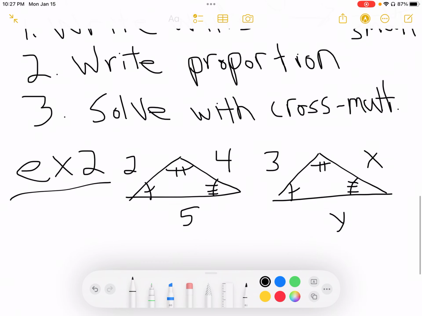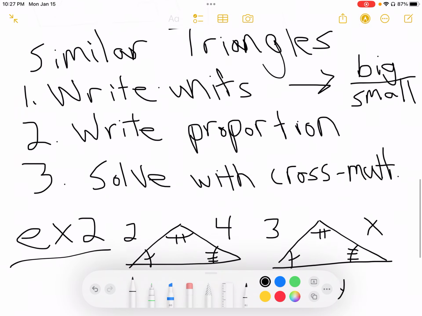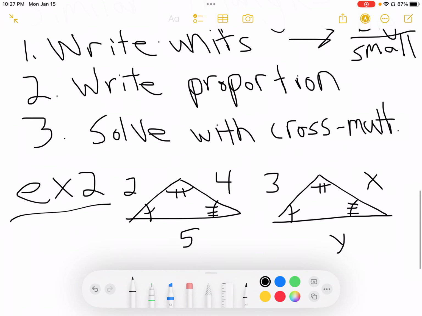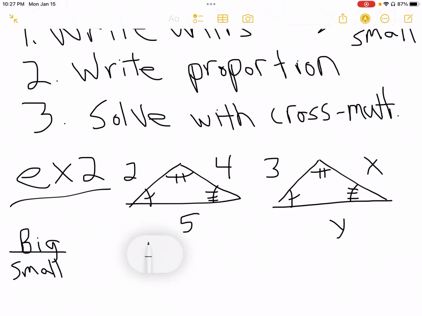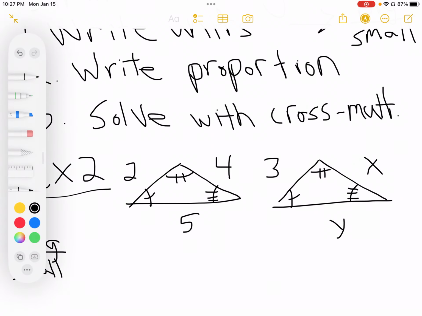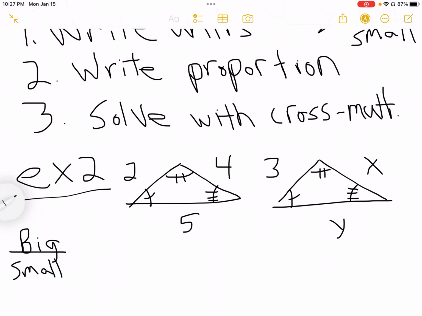Okay. So if I want to do big to small triangle, that's the first step. So then say, okay, write the units. I'm going to do big to small.